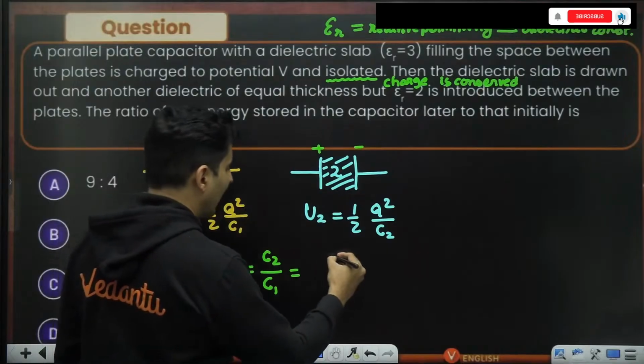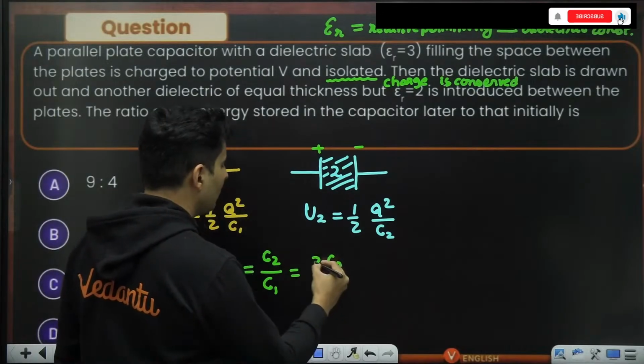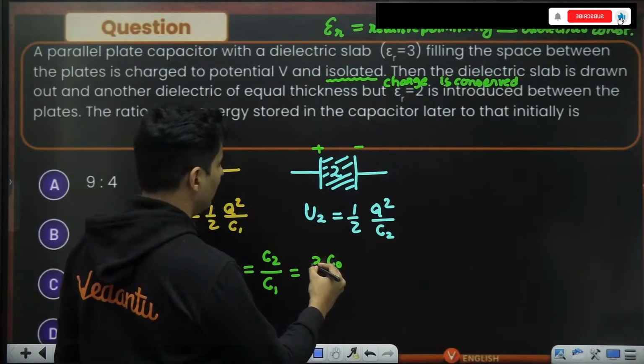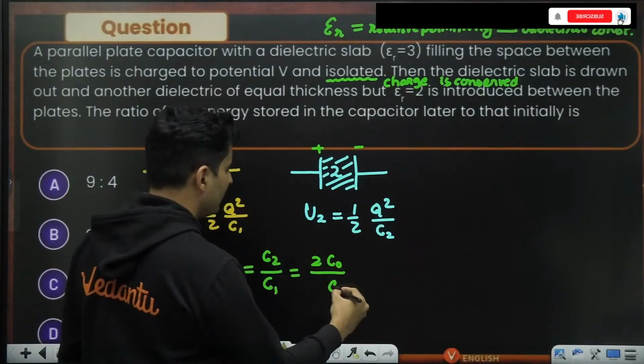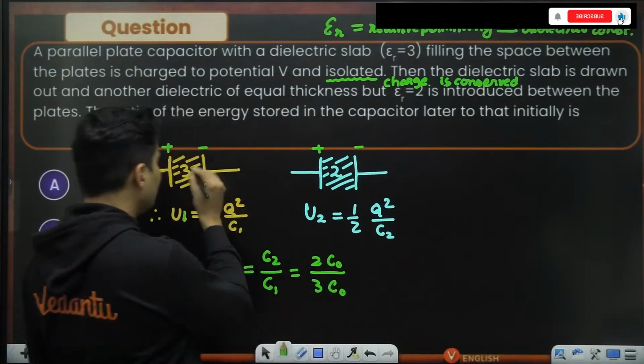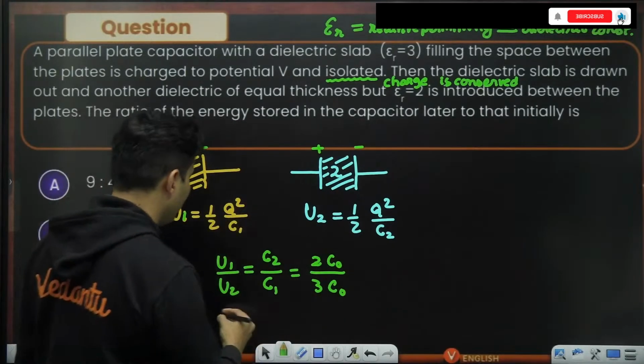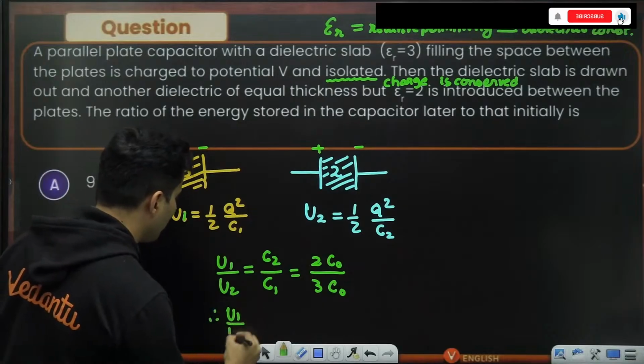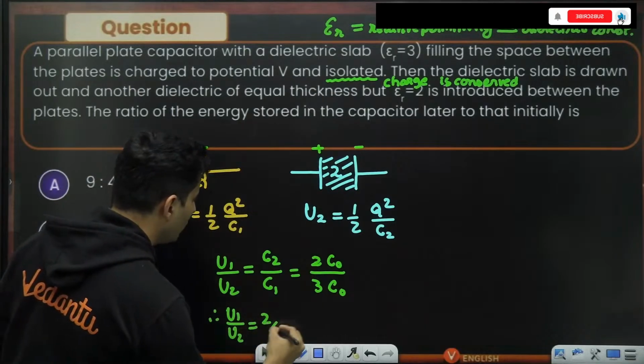So if that capacitance is C0, C2 will be 2 times C0, and C1 will be 3 times C0. C0 will cancel. So U1 by U2 will be 2 by 3.